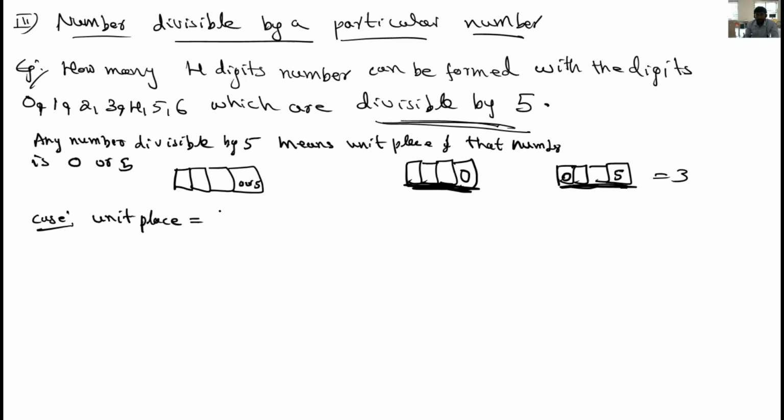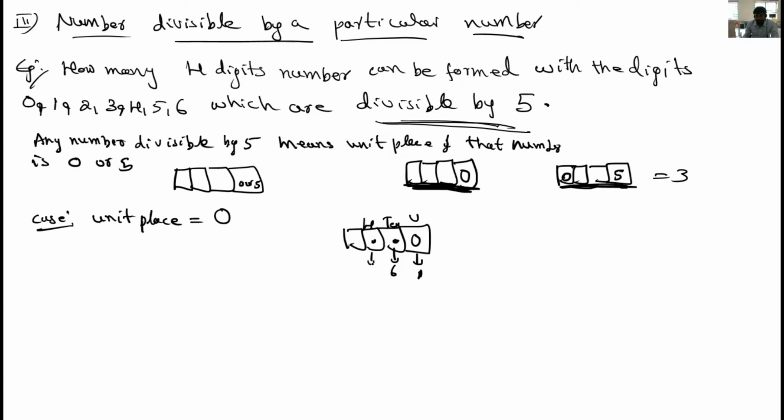is equal to 0. That means see 1 2 3 4. In the unit place you are using 0. Here only one possibility. Then what are the possibilities for the 10s place? How many numbers are given? 1 2 3 4 5 6 7 numbers are given. Out of 7, one number is used here, 0. So 6 numbers are possible. Then for the hundreds place 2 numbers are used already.